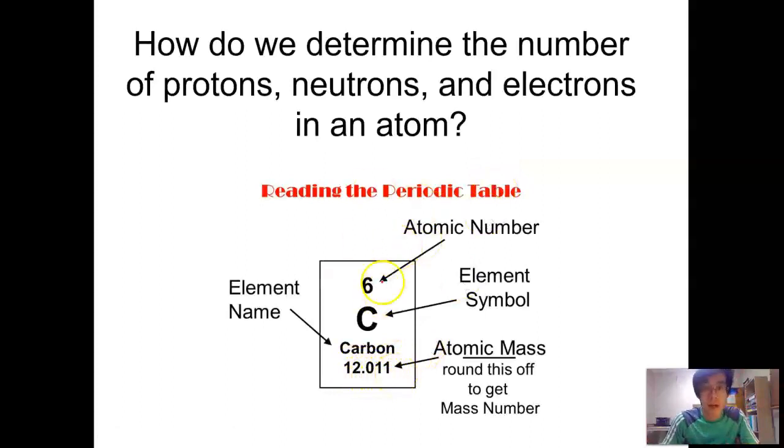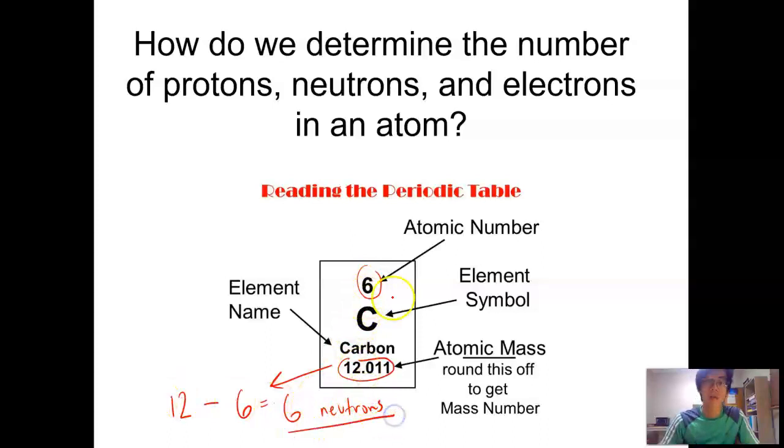To find the number of neutrons, you subtract the atomic number from the atomic mass. In this instance, I'll round the atomic mass up to 12, and then subtract the atomic number, which gives me 6. So this carbon atom has 6 neutrons.